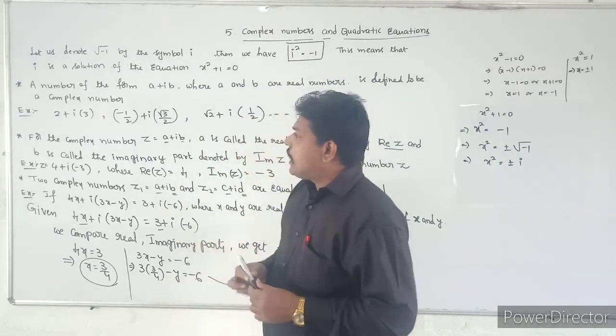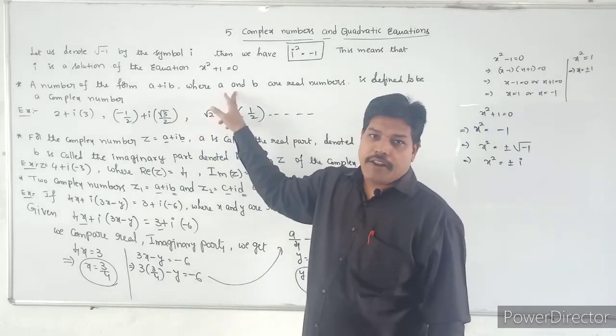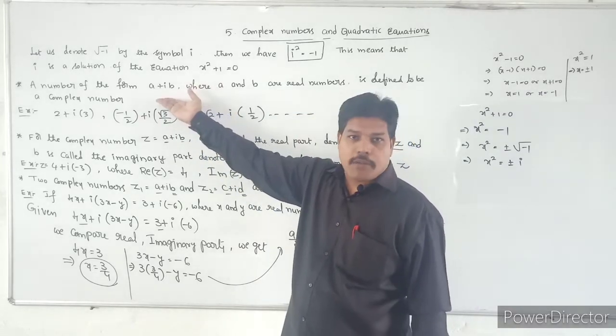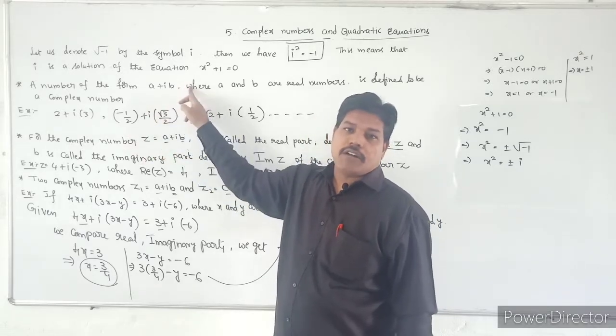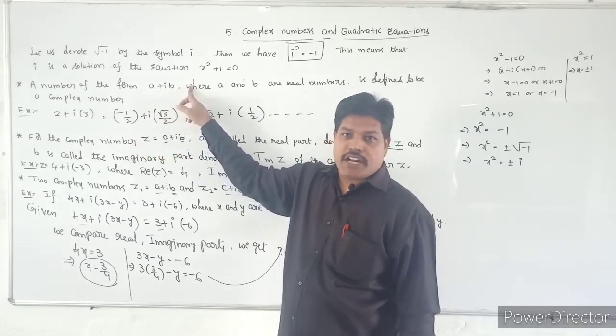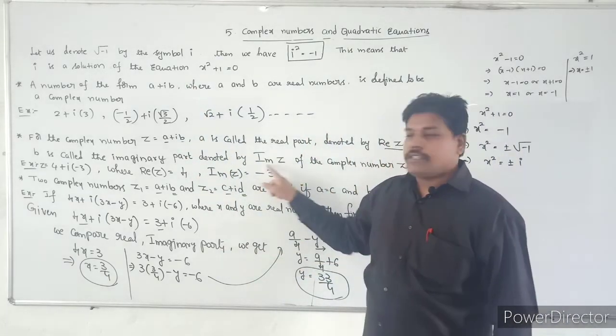So a complex number is of the form a plus ib, where a and b are real numbers. This is the form of the complex number. Here a is called the real part and b is called the imaginary part of the complex number, denoted by Re of z and Im of z.